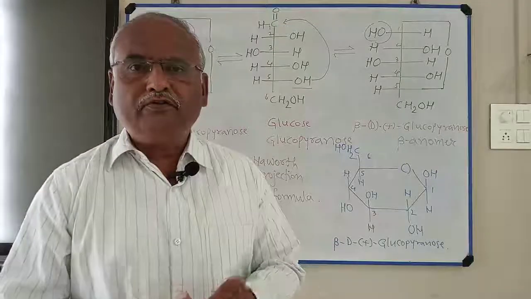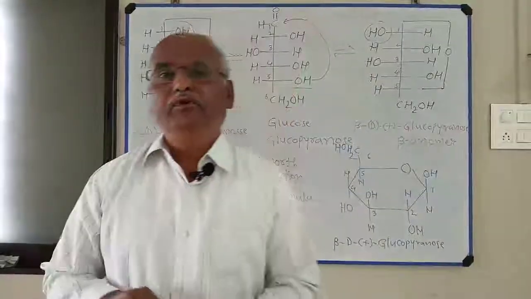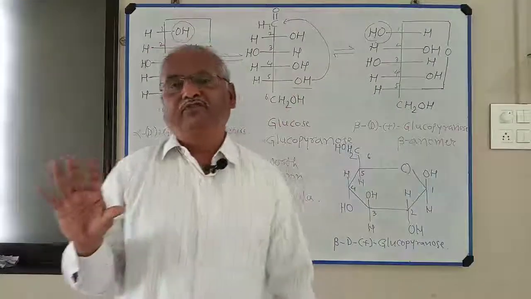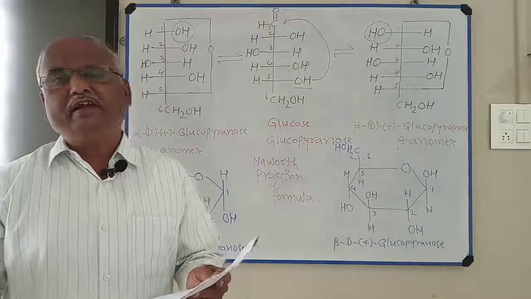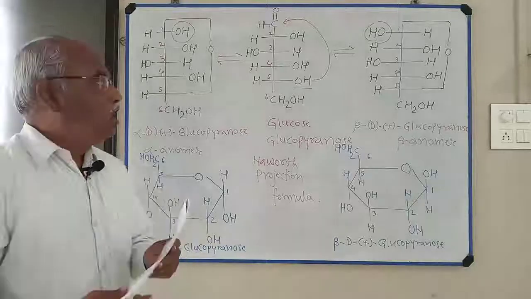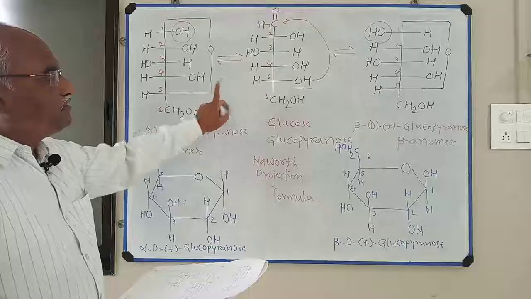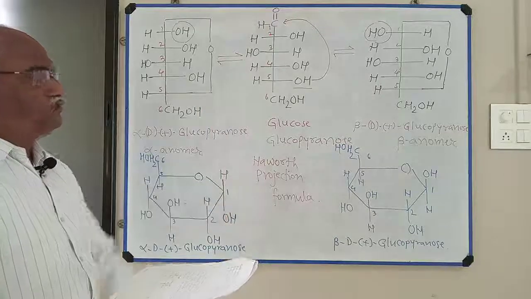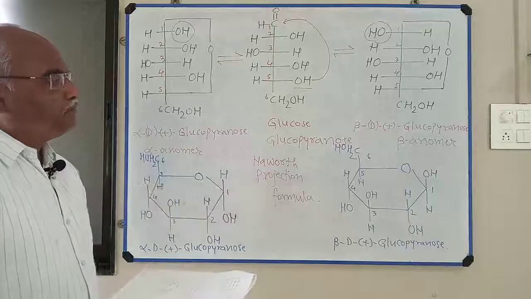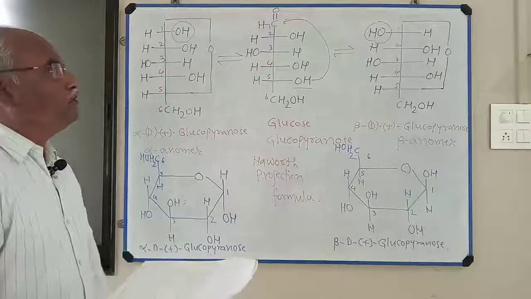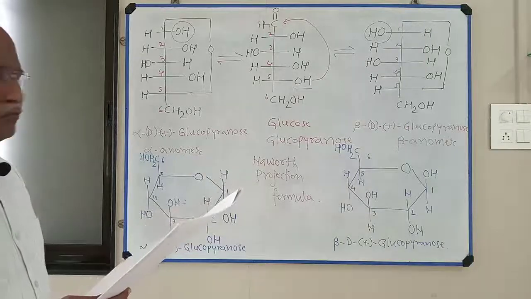So glucose is represented by cyclic structure because open chain structure was unable to explain all the properties and reactions of glucose. All the properties and reactions of glucose can be explained with these ring structures. Haworth projection formula is better way to represent glucose molecule. So this is about ring structure of glucose.